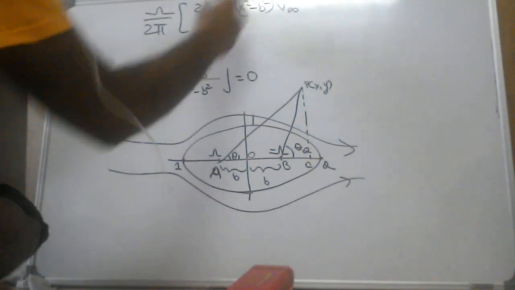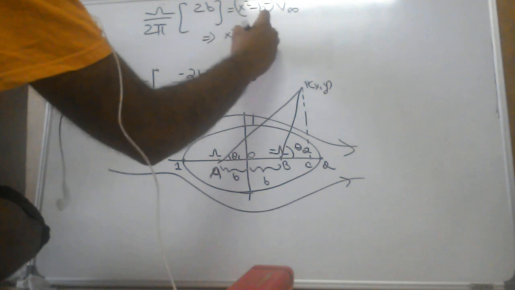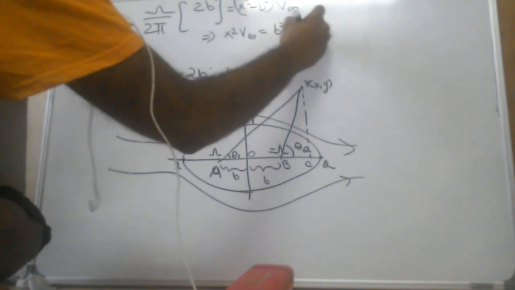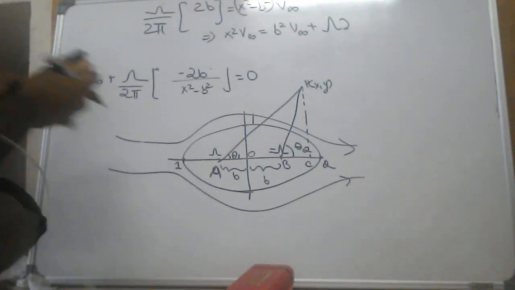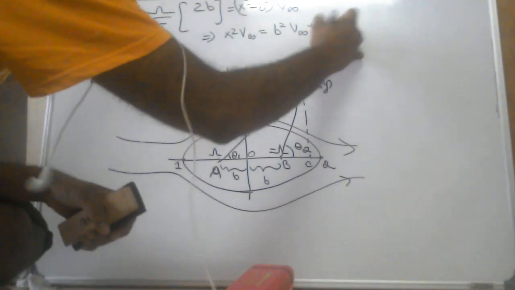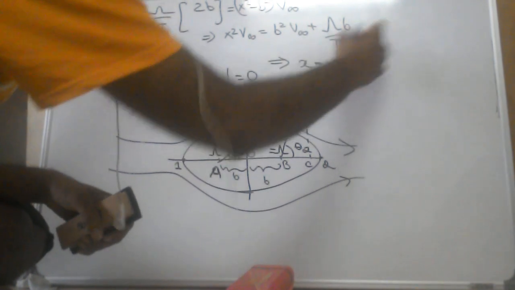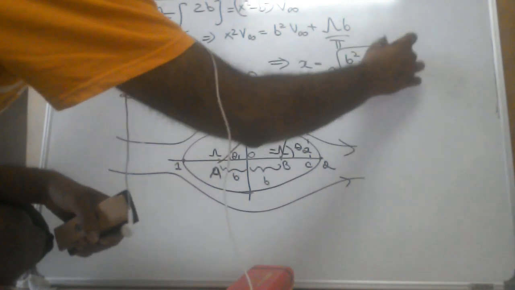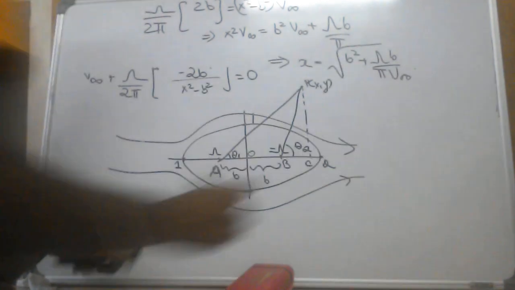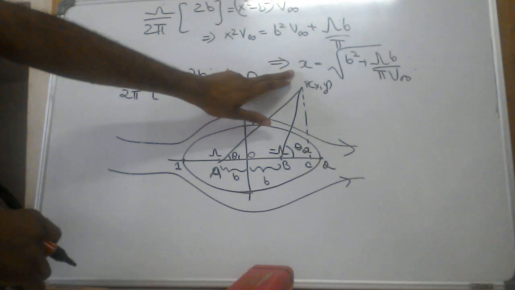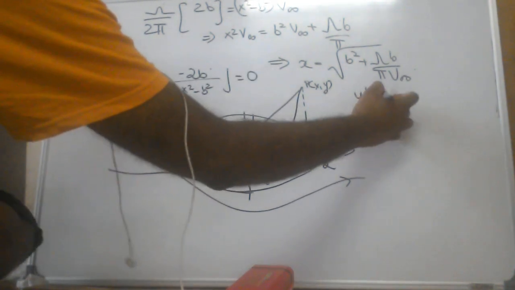So from here I can solve for x. x²V∞ is equal to b²V∞ + λb/π, and this gives me x equal to √(b² + λb/(πV∞)). So it's at this x location that my u velocity goes to 0.